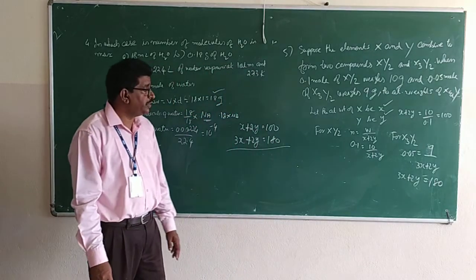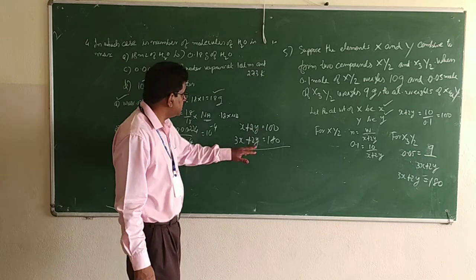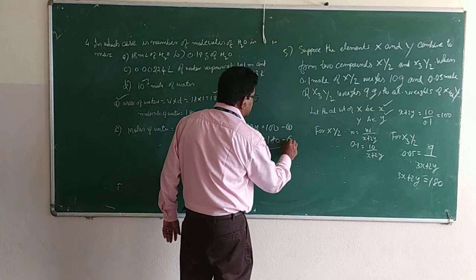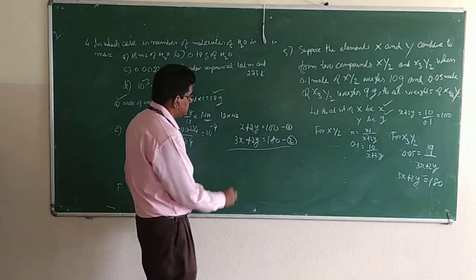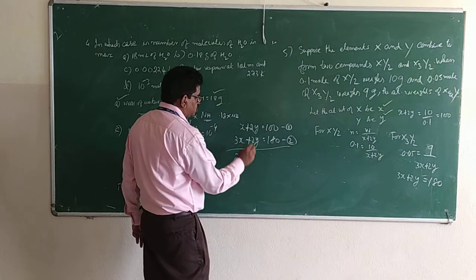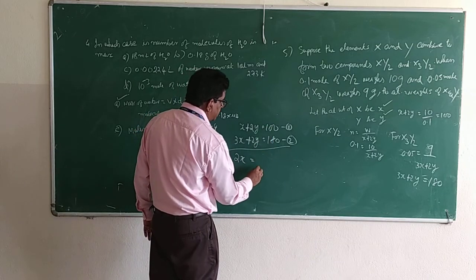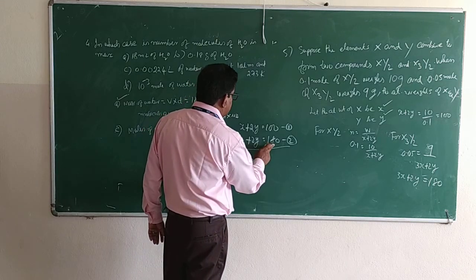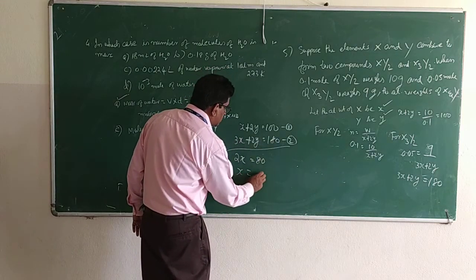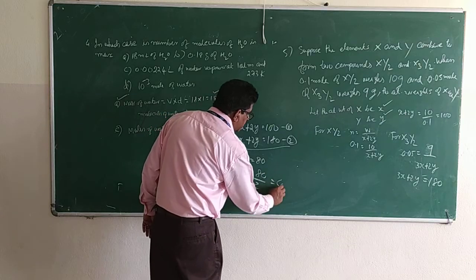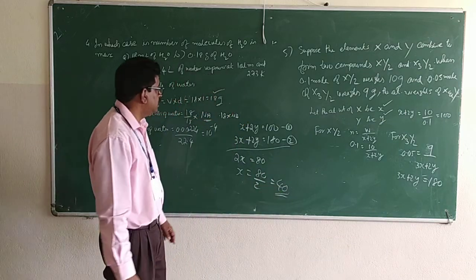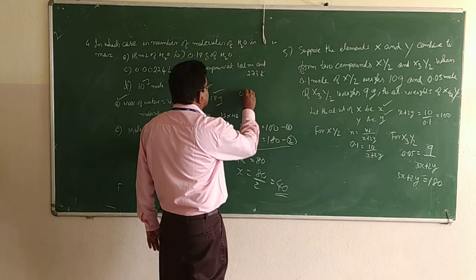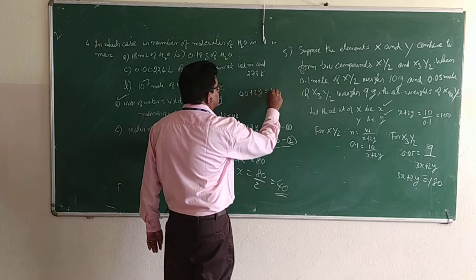We can solve these two equations. If you subtract equation 1 from equation 2, 3x minus x is 2x, 2y minus 2y is 0, 180 minus 100 is 80. So x is equal to 80 by 2, 40. If x is 40, we can substitute in one equation and find y. 40 plus 2y is equal to 100.